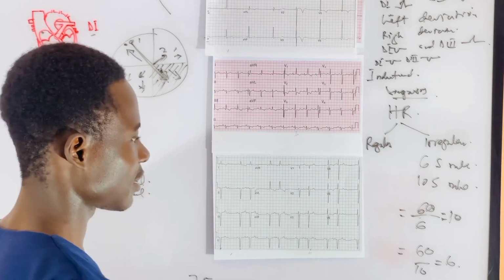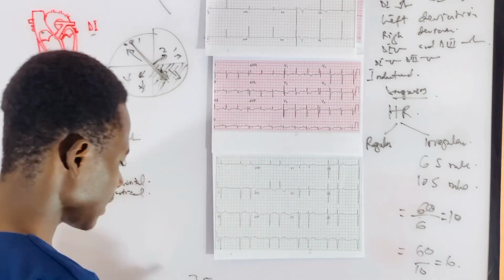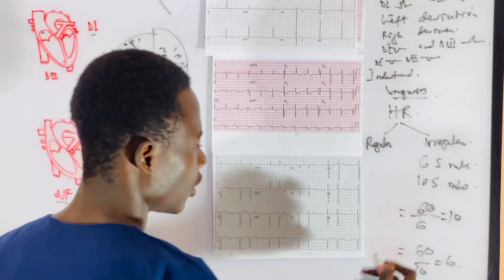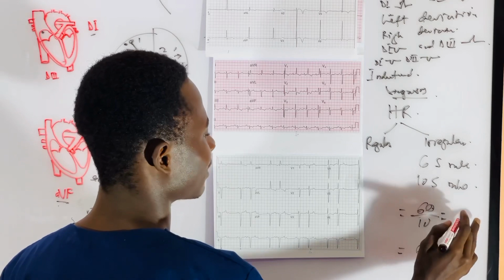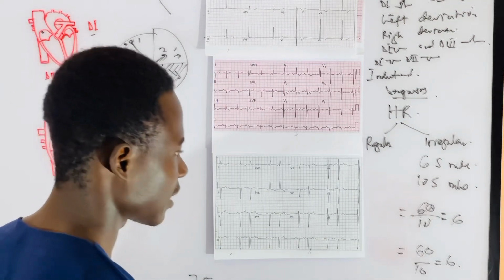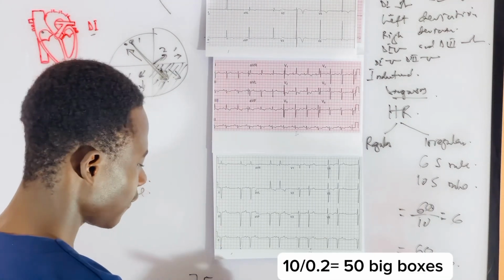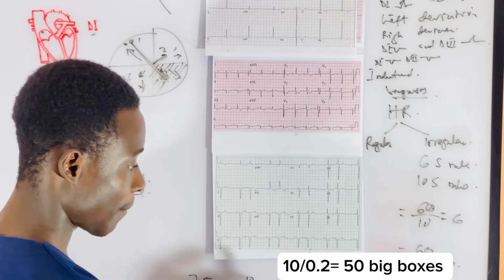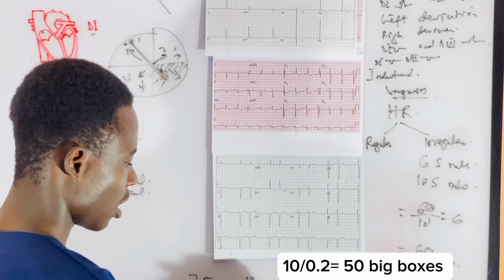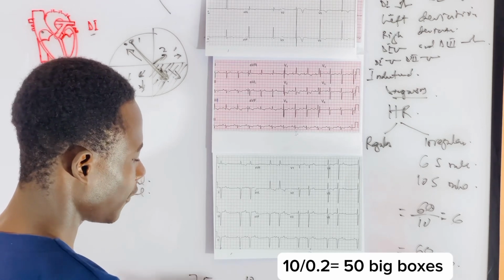Now let's talk about the 10 seconds rule. For the 10 seconds, you divide by 10 and you get 6. Now, if you divide 10 seconds by one big box, which is 0.2, you are going to get 50.